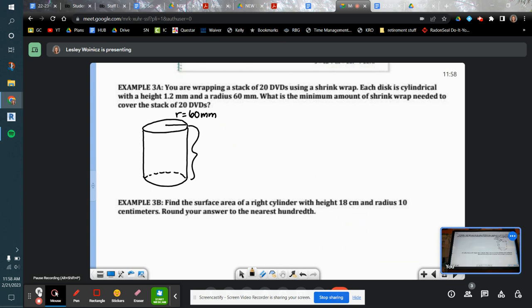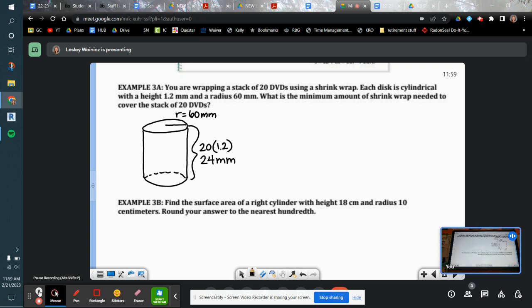Whatever 20 times 1.2. Each of the discs is 1.2, and there's 20 of them. So 20 times 1.2, which is 24 millimeters.